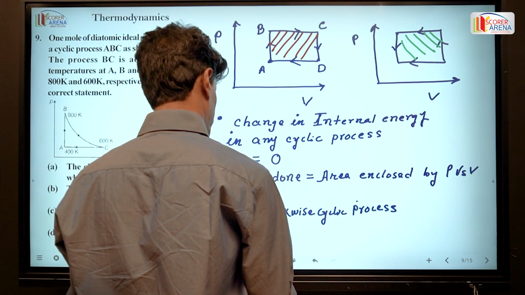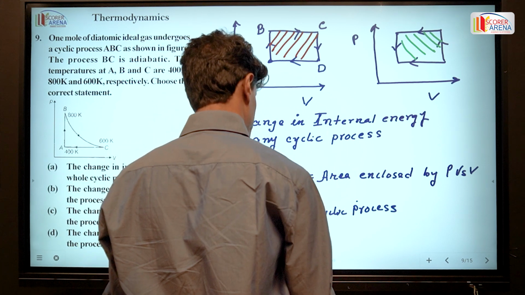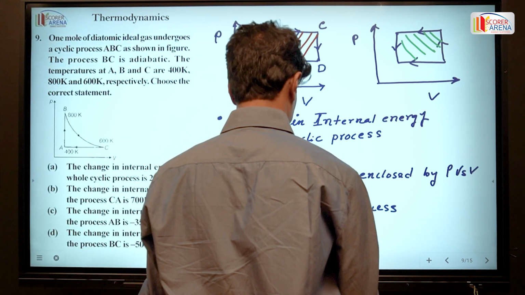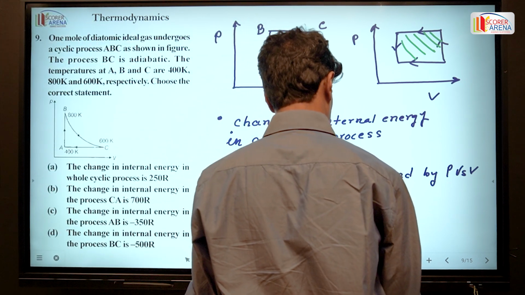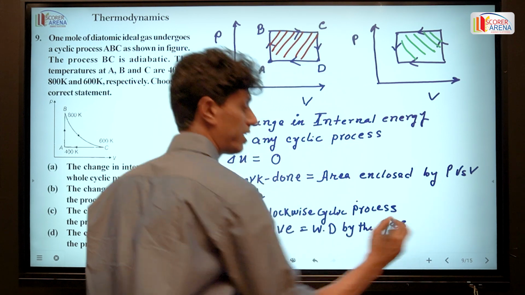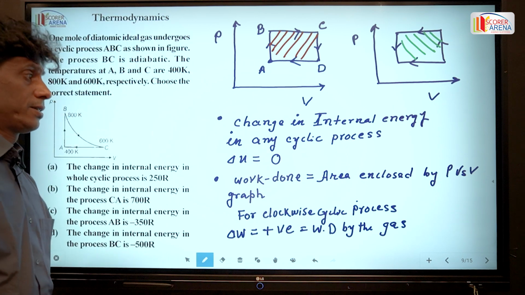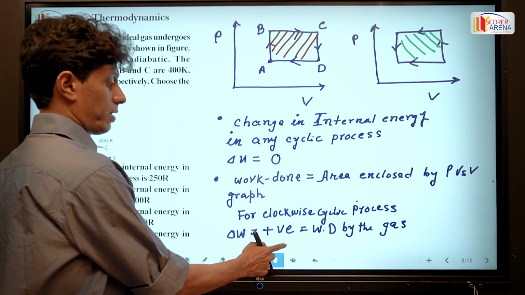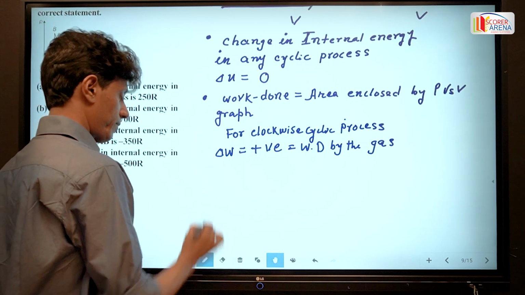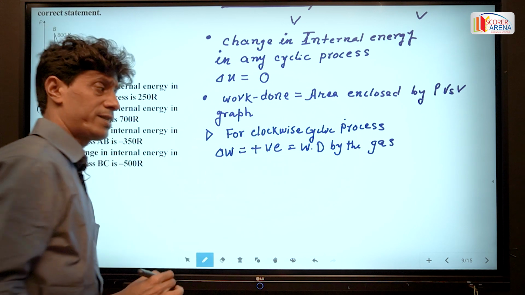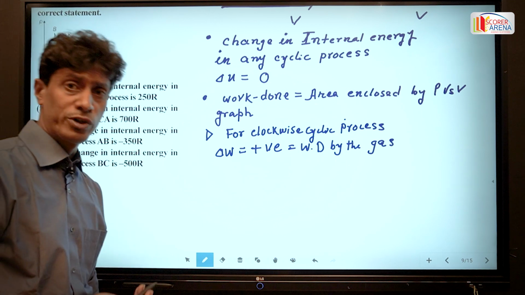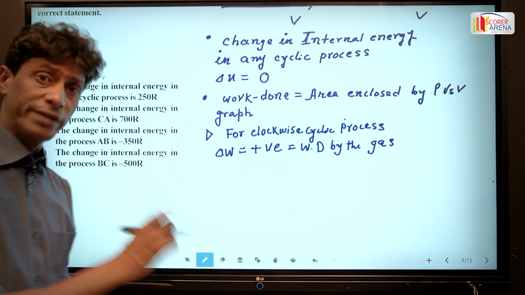work done is taken as positive. Positive work done means work done by the gas. Similarly, for a clockwise cyclic process, work done is taken positive, and this means, as per the convention of thermodynamics used in physics, work done by the gas.